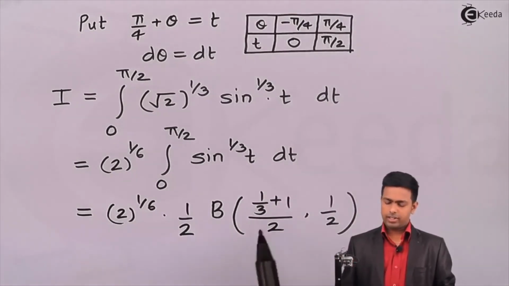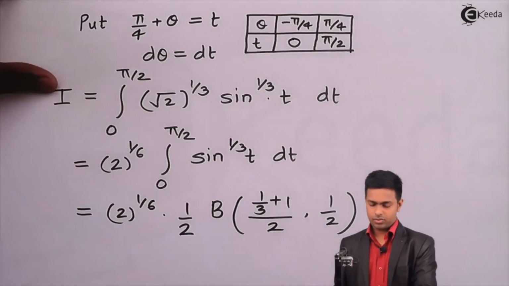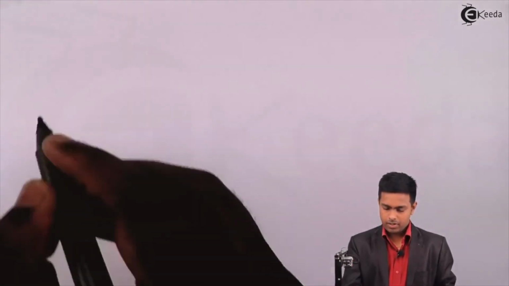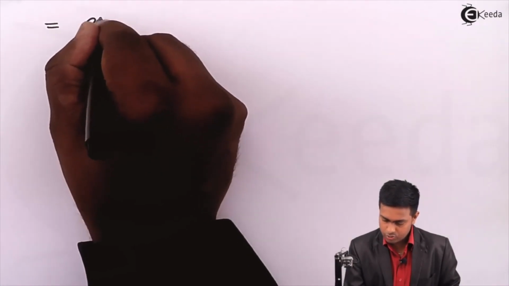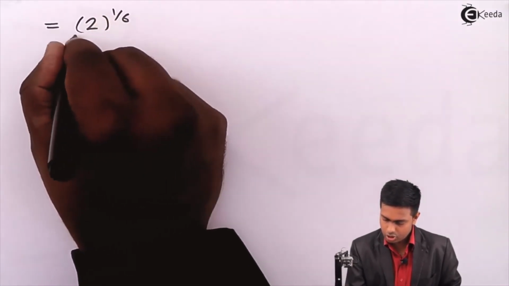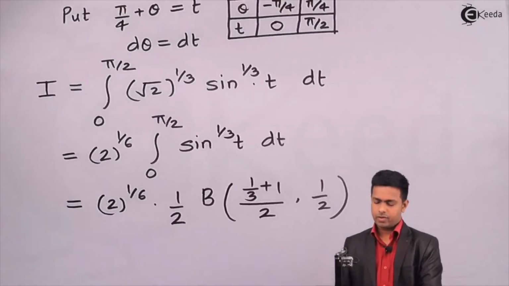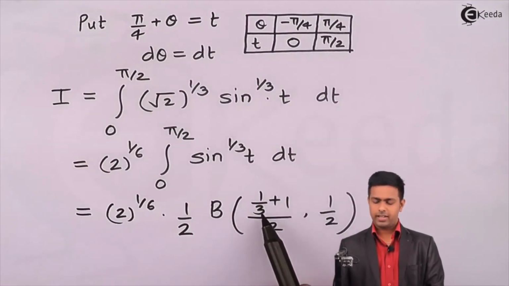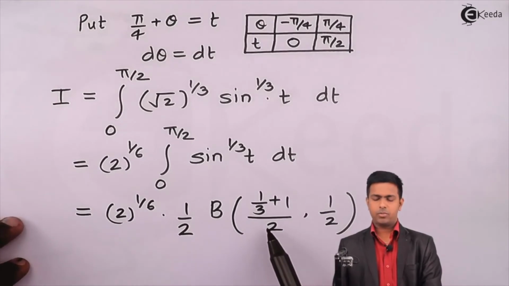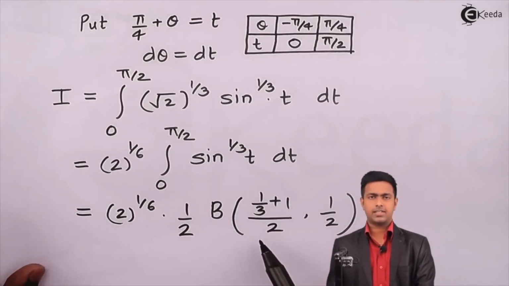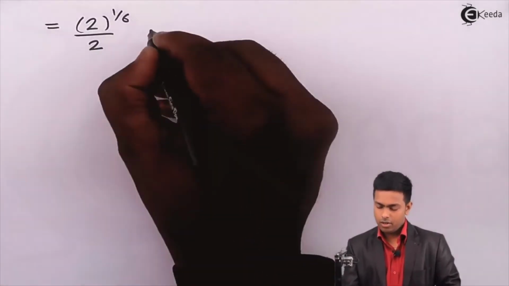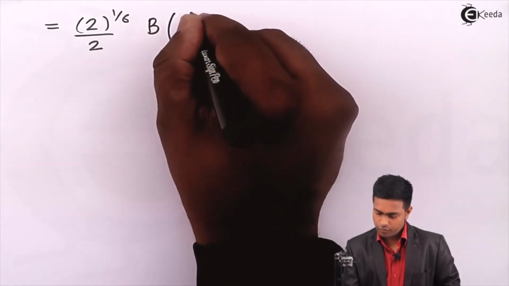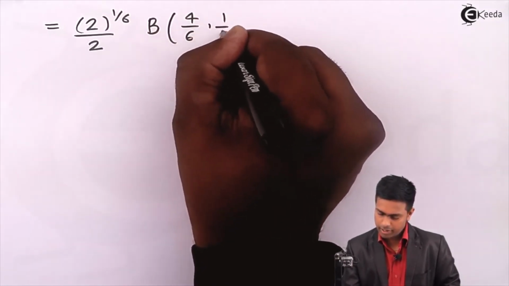Now let's simplify this. This will be equal to 2 raised to 1 upon 6 upon 2, then 1 by 3 plus 1, that is 4 by 3, and this 3 will go down, so that will become 6, so it is 4 by 6. So I'll say beta of 4 by 6 comma 1 by 2.